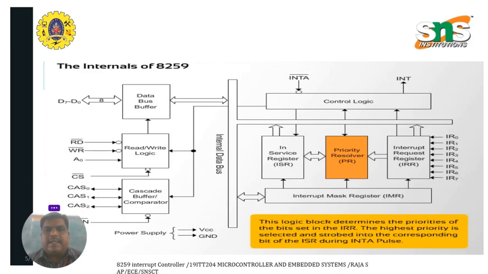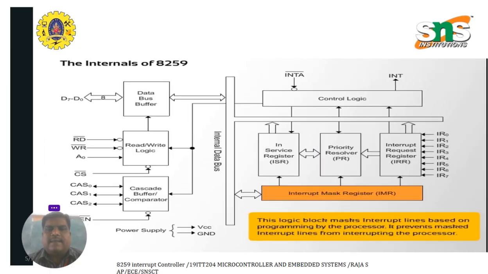This block determines the priorities of the bits set in the IRR. That is, whatever is given in the interrupt request register, the priority is defined by this priority resolver. The highest priority is selected and strobed into a corresponding bit of the ISR during the INTA pulse.